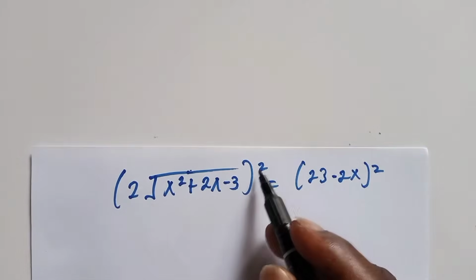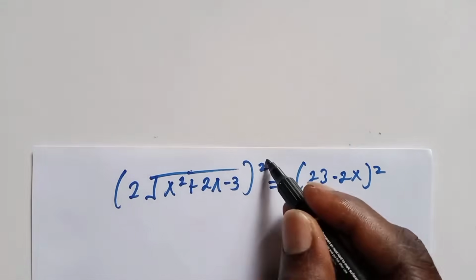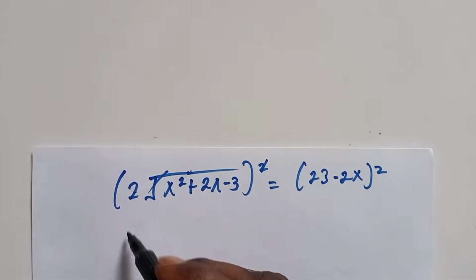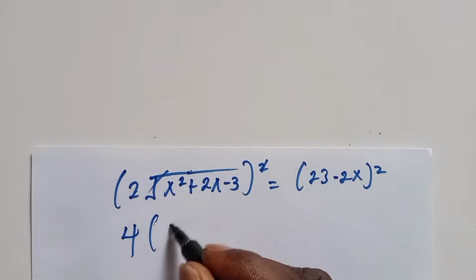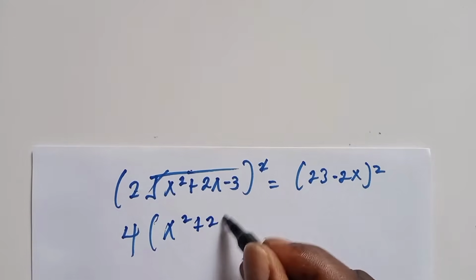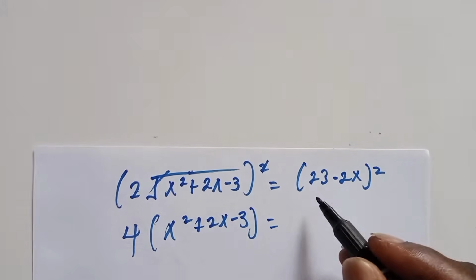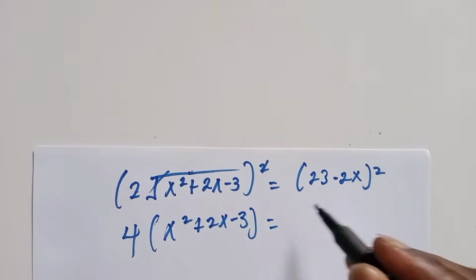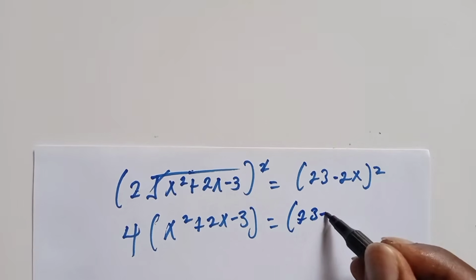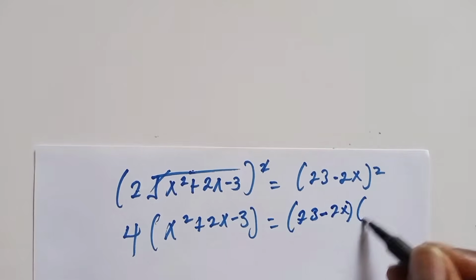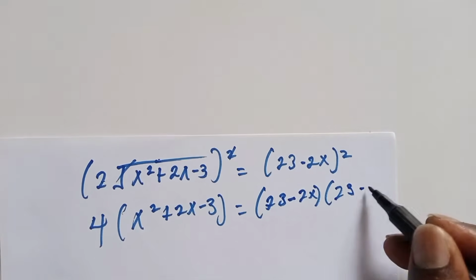So from here, this cancels this, and we're left with 2 squared, which is 4, multiplying x squared plus 2x minus 3, is equal to 23 minus 2x, bracket squared.